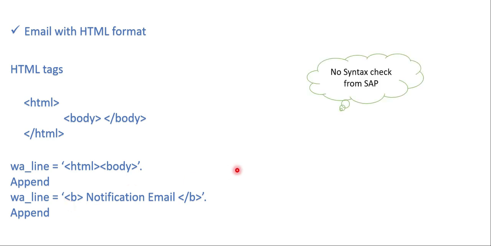One more thing: you need a little bit of patience, because the HTML syntax is not checked by the SAP compiler, since it's just a string within single quotes. SAP doesn't care about whatever is inside. So you have to check whether the way you are designing your HTML is correct, depending on the output of the body of your email.